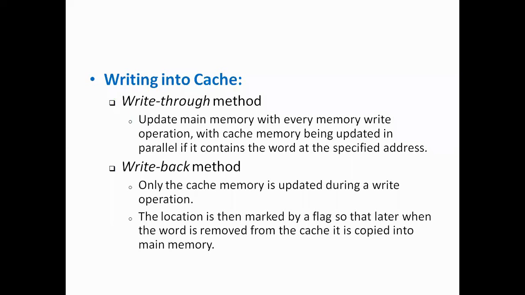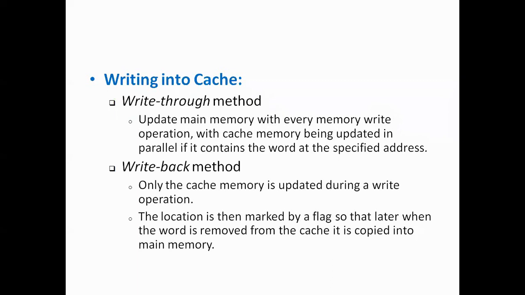Write through method means that if the CPU wants to write something at a certain location, writing will be done at both places. That data will be written in main memory, and if a copy of that data is in cache, simultaneously, the cache will also be updated.